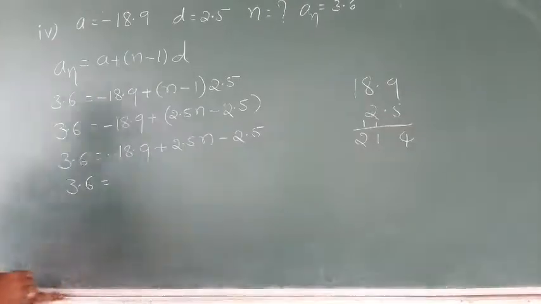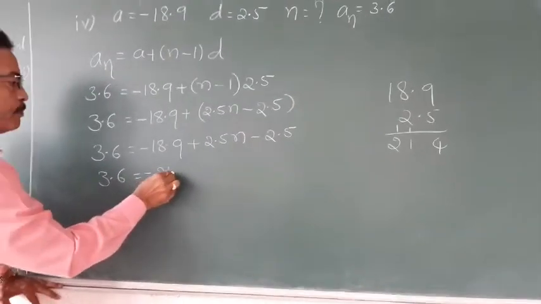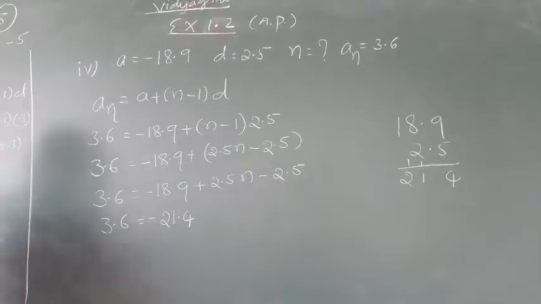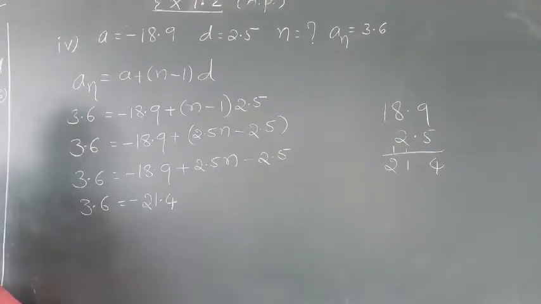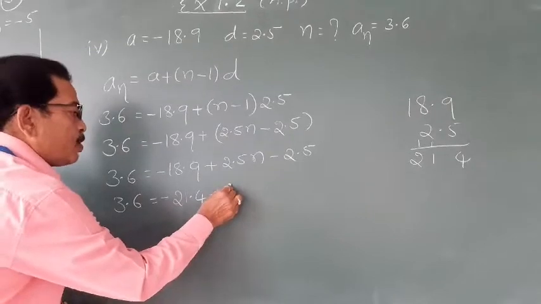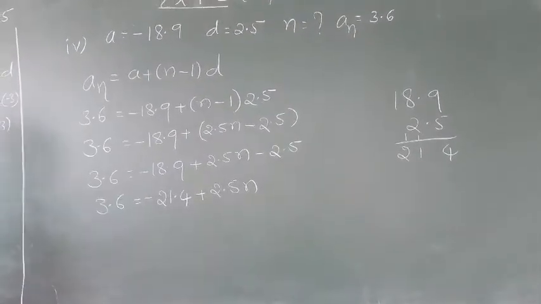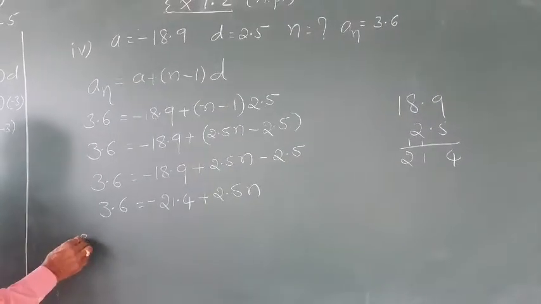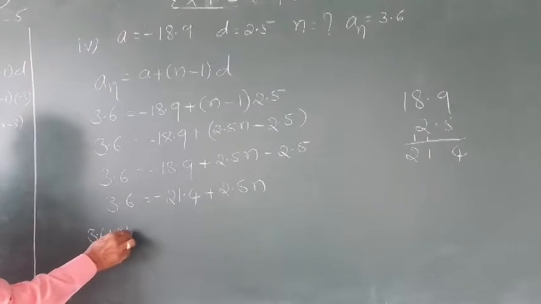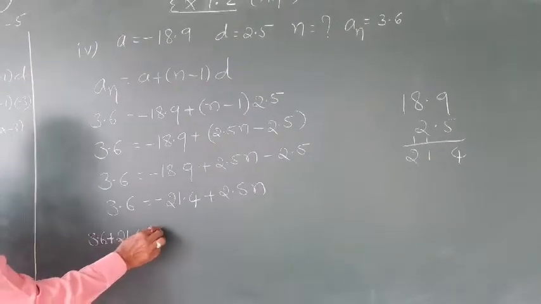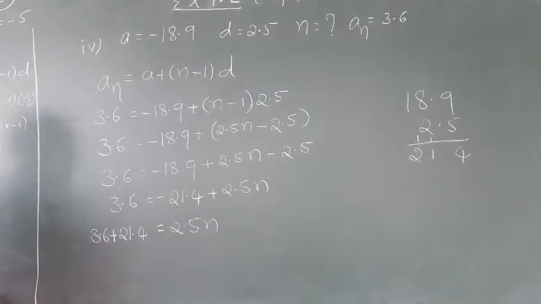That is 21.4. 3.6 equals minus 21.4 plus 2.5 n. So 3.6 plus 21.4 equals 2.5 n.